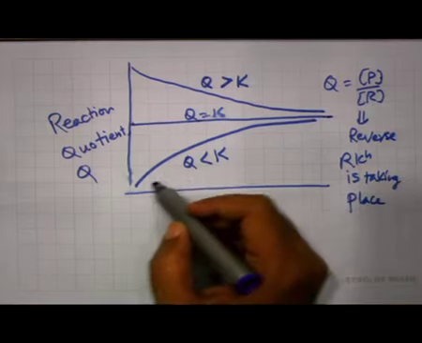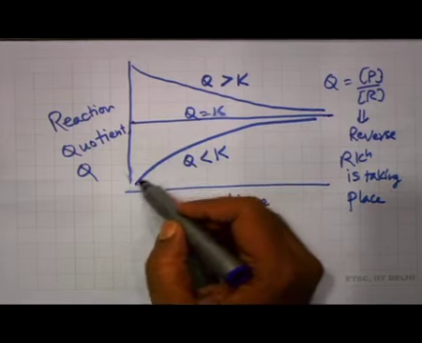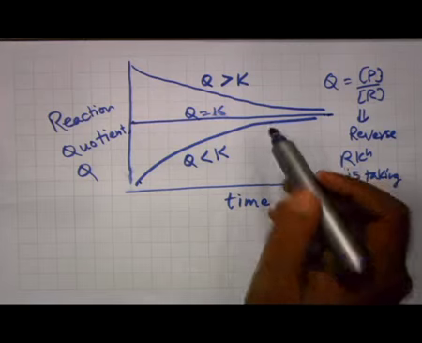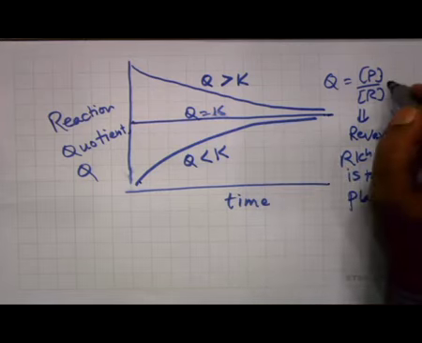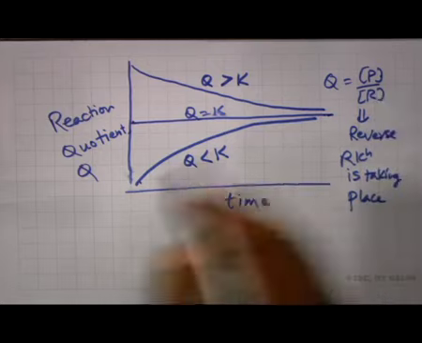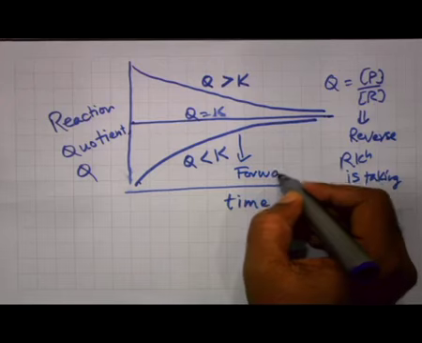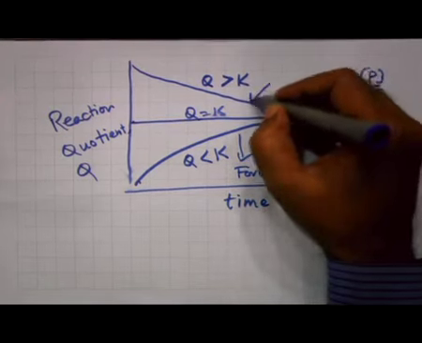While if Q is less than K, then Q increases with time. When will Q increase? When P increases and R decreases, and this means forward reaction. So, this is for forward and this is for the reverse reaction.